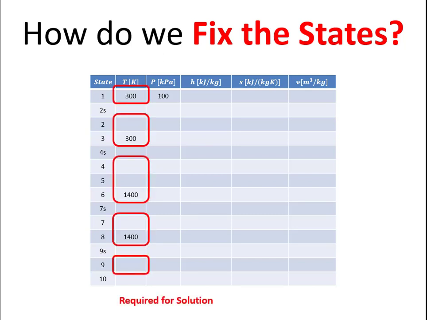I can see I drew a pretty big state table here, but I don't need to know all the isentropic states for my answers. None of those equations talk about 2s or 4s or 7s or 9s, but I need to know them in order to find the real exits to all my compressors or my turbines.